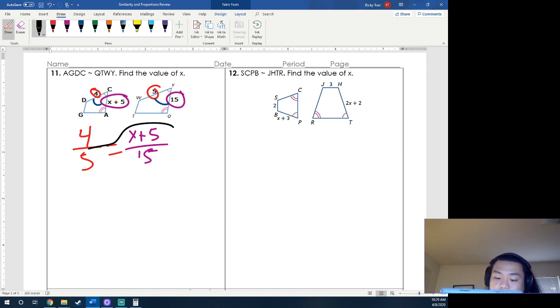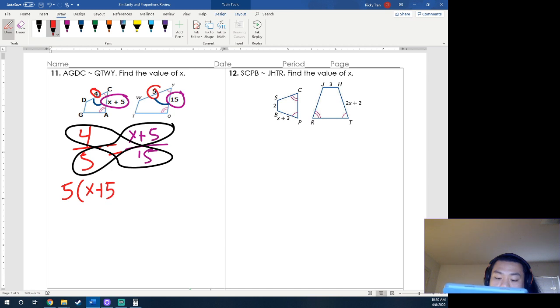From here, we're just going to cross multiply. We have 5 times x plus 5 is equal to 15 times 4.